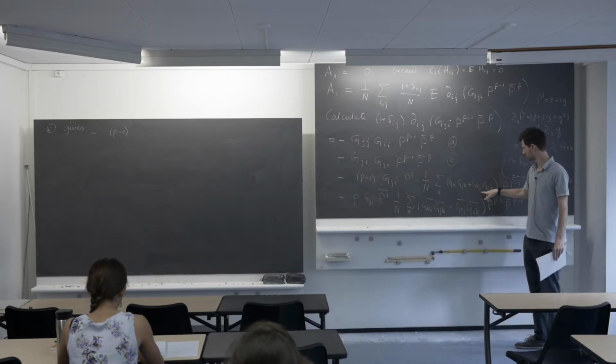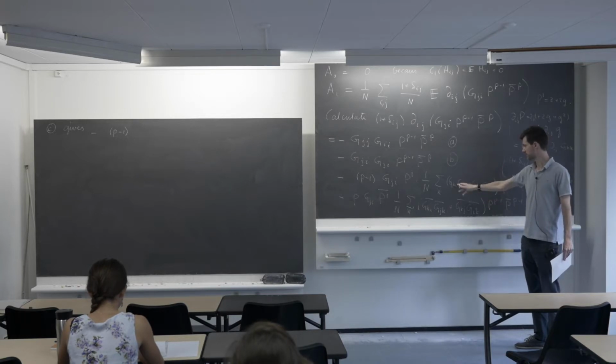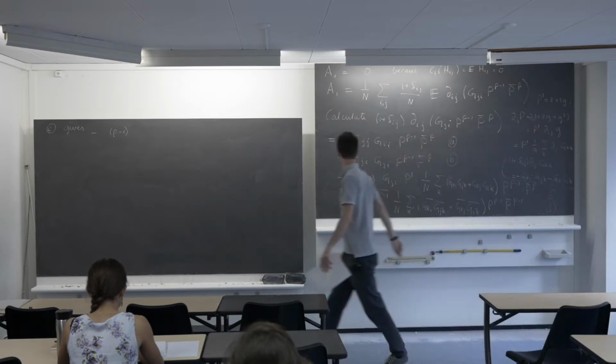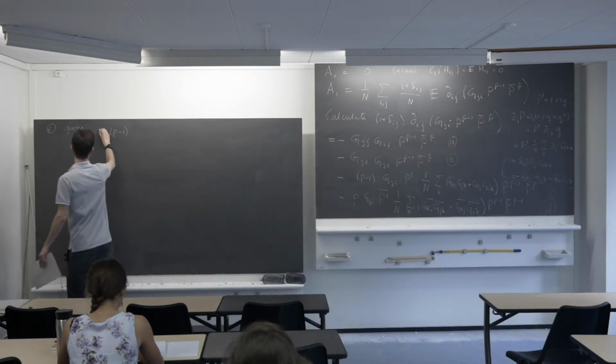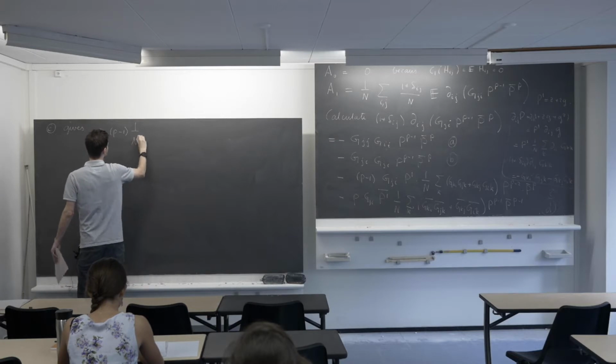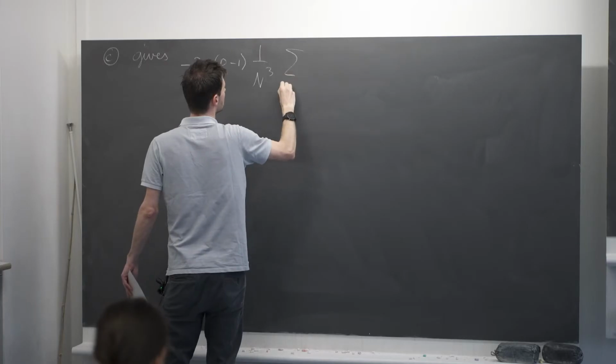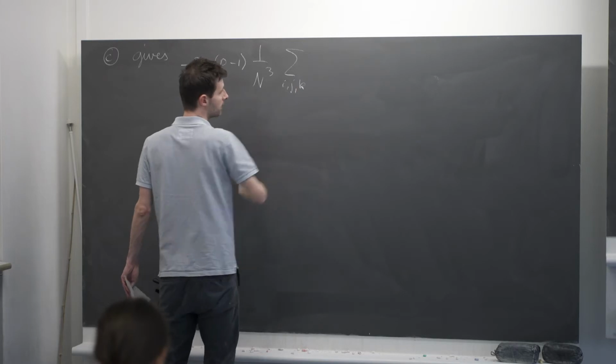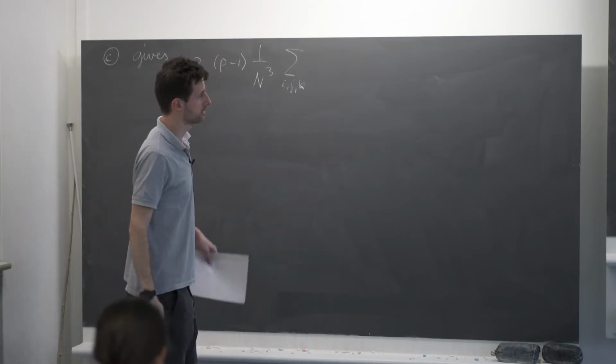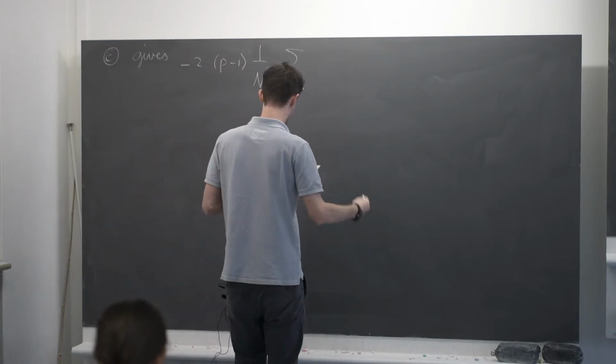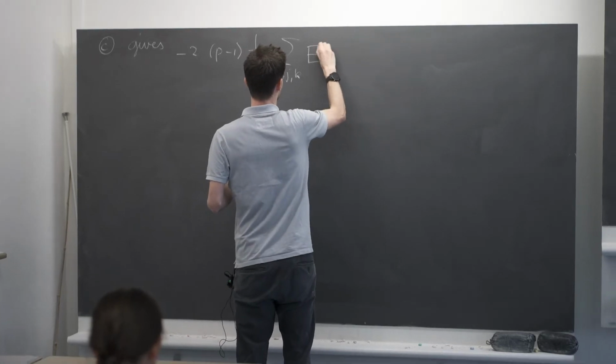And now you see, if I swap i and j here, I can rename the summation indices in this term, and I get exactly the same one as that one. So I can put them together. I get minus 2, 1 over n to the 3, sum over i, j, k. And then I have the expectation.